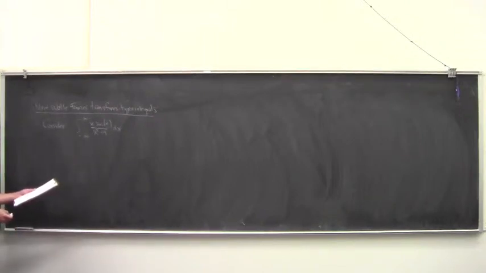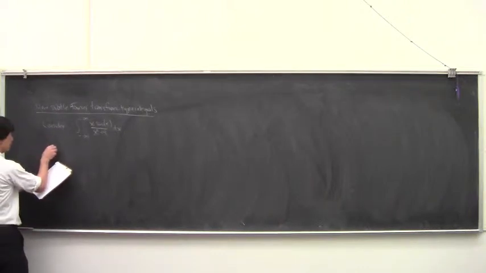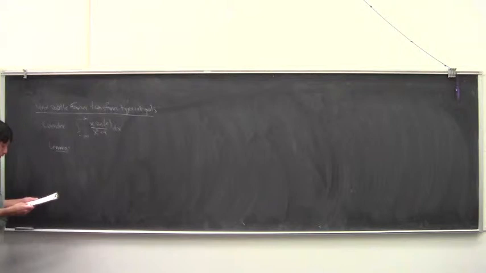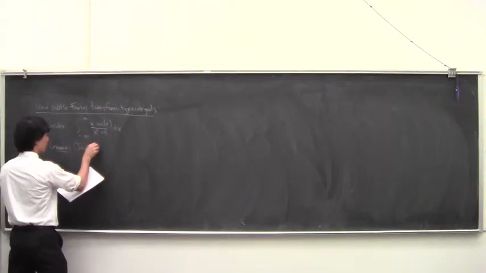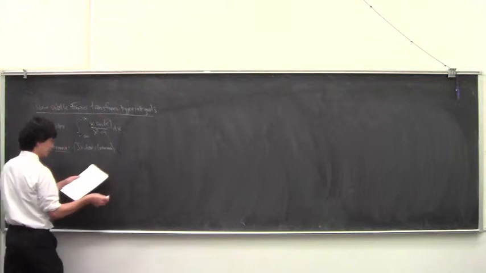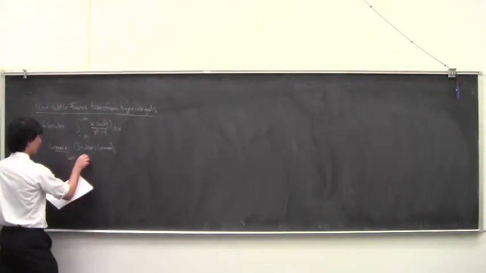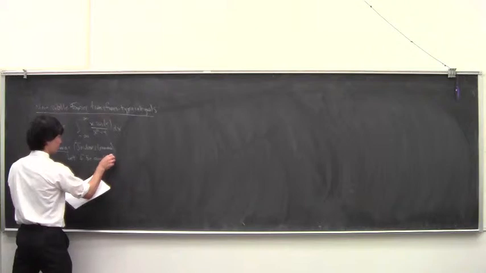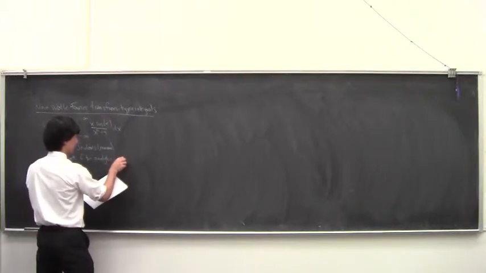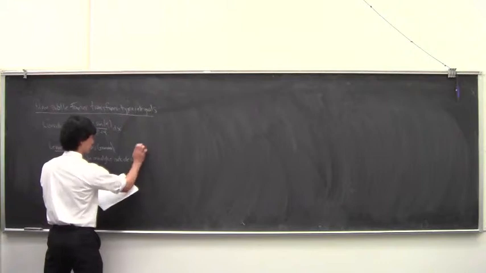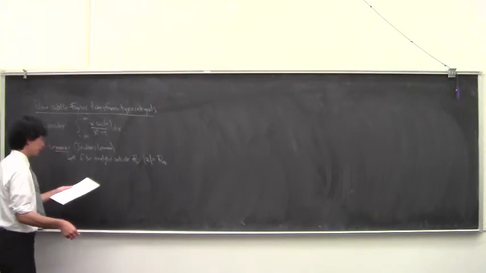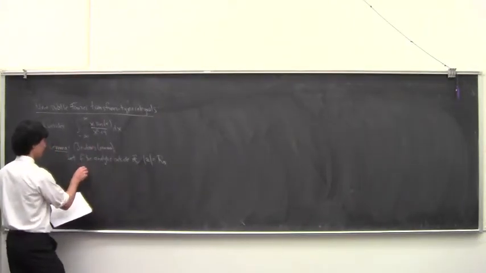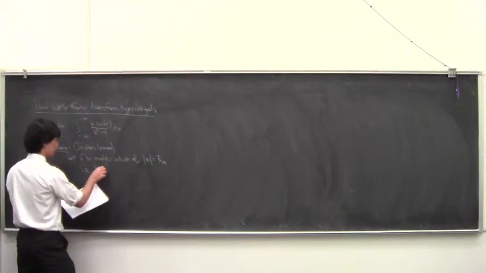Okay. Jordan's lemma. This is not that deep a fact, but it's useful and kind of cool. Jordan's lemma: let f be analytic outside of a circle of radius r naught. Let C naught, C sub r be as usual.